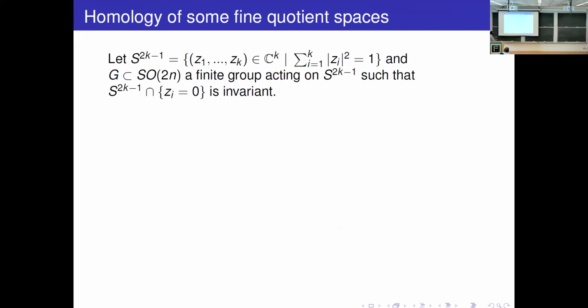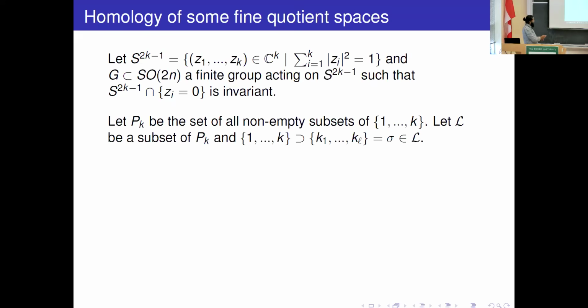Now I will be a little bit sloppy maybe, but this I will explain. We will understand how and when it comes up in the next slide. So we take an odd dimensional sphere and say that G will be a finite subgroup of SO(n), so naturally it acts there as an orientation preserving action. And we are considering that these hyperplanes are invariant.